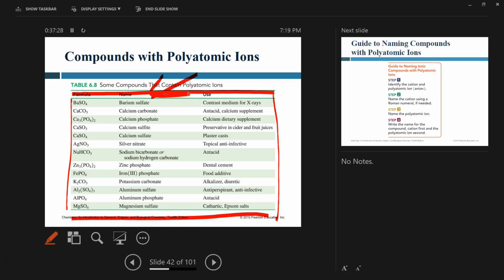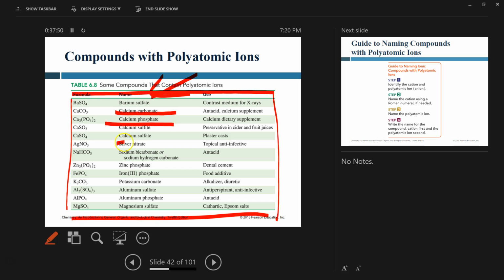Many antacids are calcium carbonate, which is also chalk. So if you don't have antacid, just munch on some chalk. Calcium phosphate is used as the calcium supplement in the diet for people who have calcium deficiency.